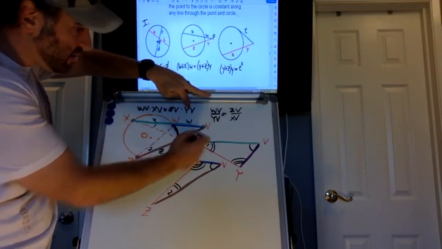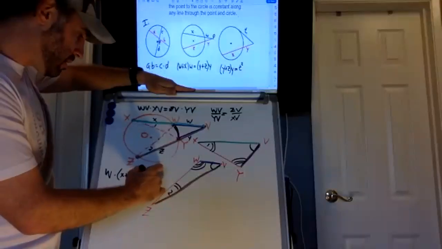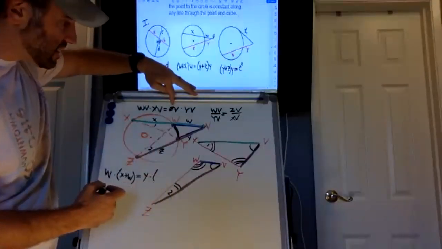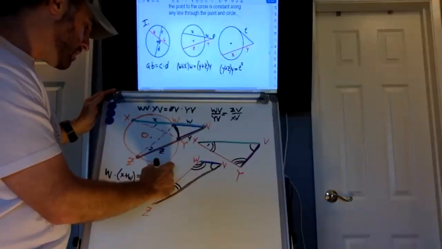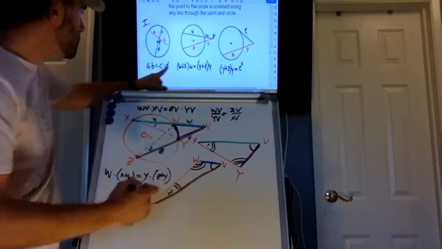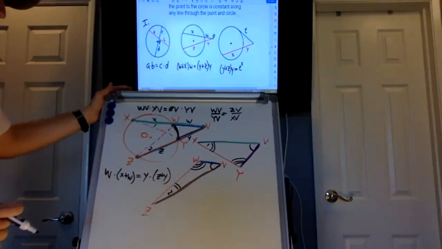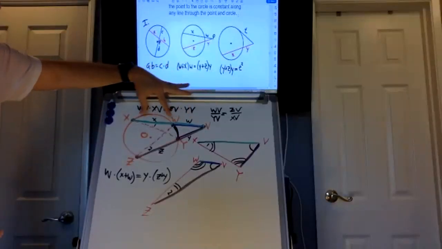YV is here, it's this purple one, it's just Y, times ZV, which is the big one, made out of Z plus Y. And that's why it looks like this, because you must add these two.